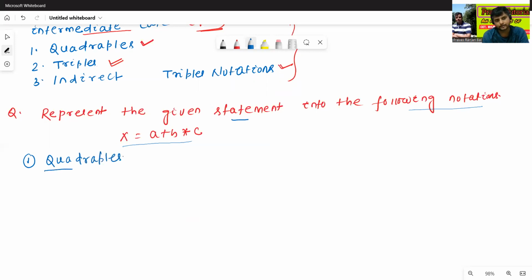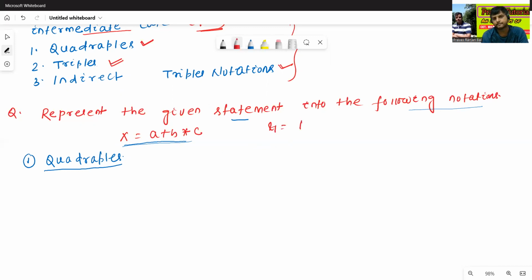Before defining any notation, first we have to convert the given statement into three address code, because the given statement does not follow three address code form.